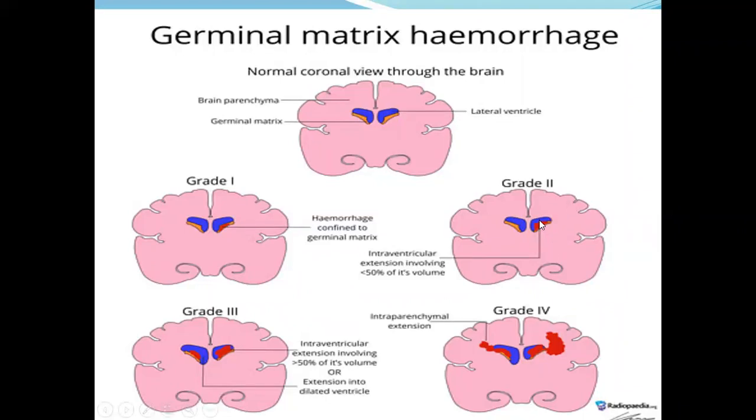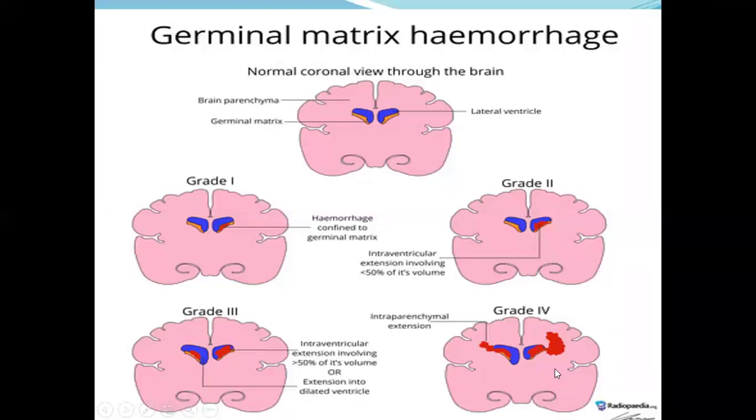So grades 2 and 3 both break the barrier. Grade 2 will not cause dilatation of the lateral ventricle. Grade 3 will cause dilatation of the lateral ventricle. That is the difference between 1 and 2, and 2 and 3.